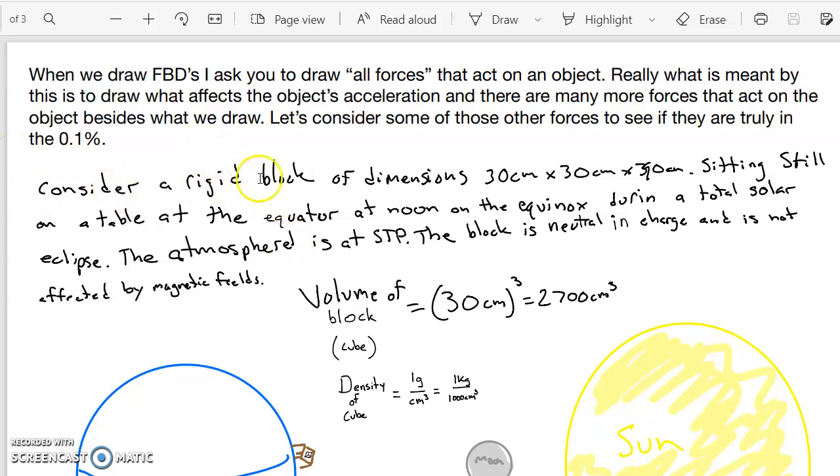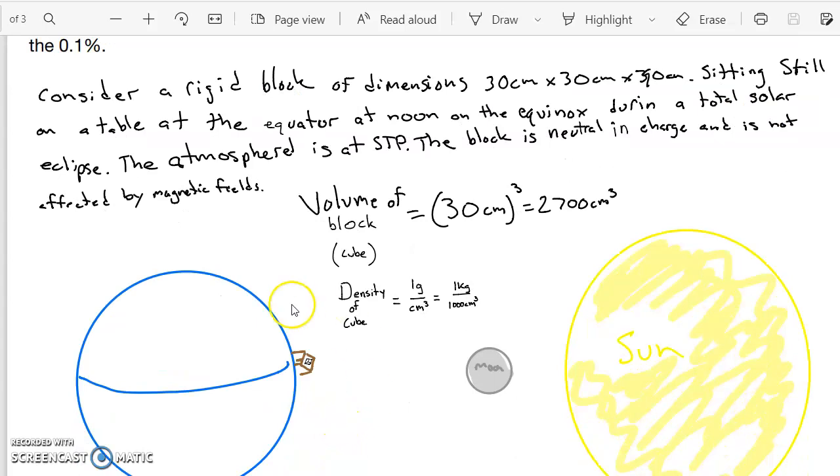So I want you to consider this little block right here on the Earth, and it's a certain size, 30 by 30 by 30. And it's sitting still, so it's not moving. It's on the equator, at noon at the equinox during a total solar eclipse.